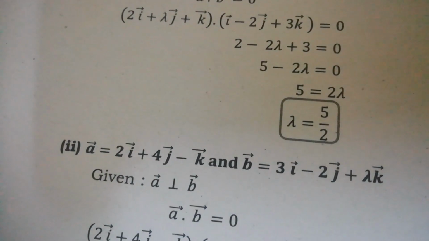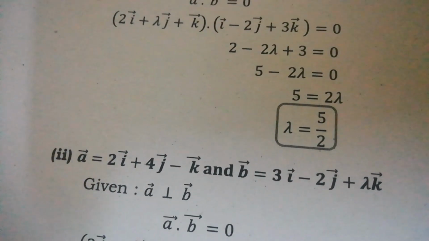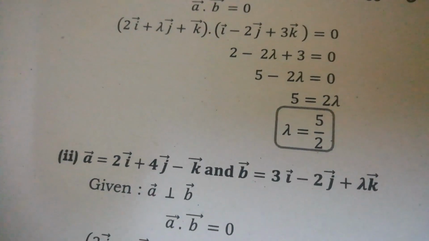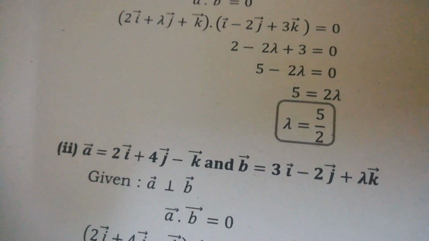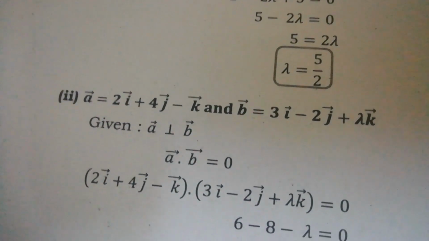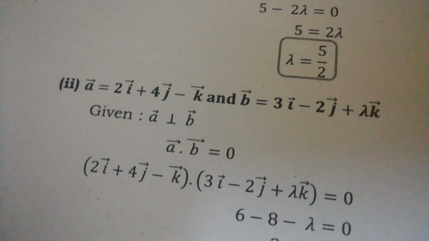If you take the scalar product, i to i, j to j, k to k, you multiply the coefficients: 2 into 1 is 2, lambda into minus 2 is minus 2 lambda, and 1 into 3 is 3. So 2 plus 3 is 5, minus 2 lambda is equal to 0.